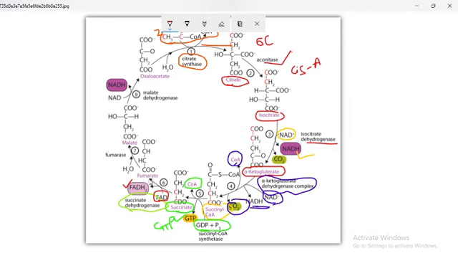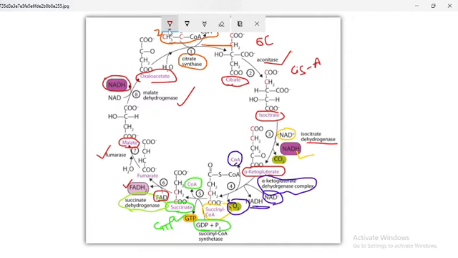The fumarate is converted into malate by the action of the enzyme fumarase. And then the malate is converted into oxaloacetate by the action of the enzyme malate dehydrogenase. During this process, an NADH molecule is released.